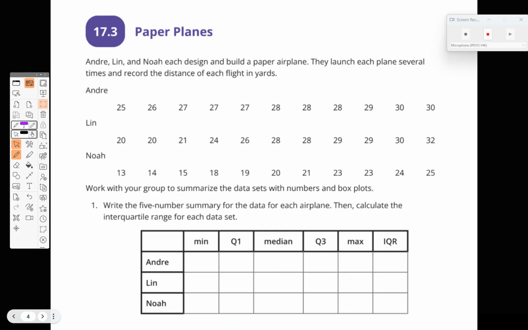Looks good. Make sure each person has a chance to draw one of those boxes, okay? One of the box plots. So you guys can use it on this. Is that 17? 17 goes in 8 times, I think.